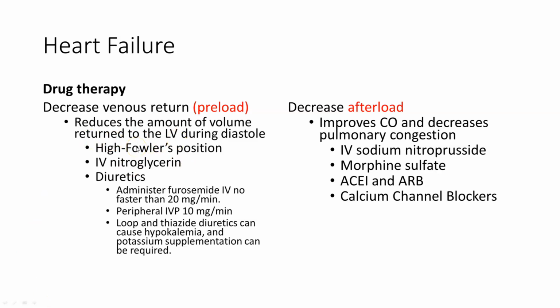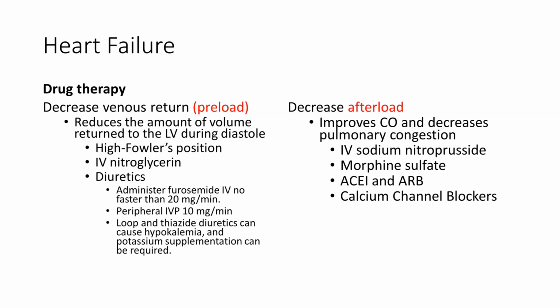So again, we'll look at things to decrease preload, decrease afterload. We've talked about each one of these already, but just examples here. So I could give furosemide IV, and we know that if it's through a central line, we don't want to go too fast. Regardless of what you've seen the healthcare providers do, it's over a couple of minutes depending on the dose.